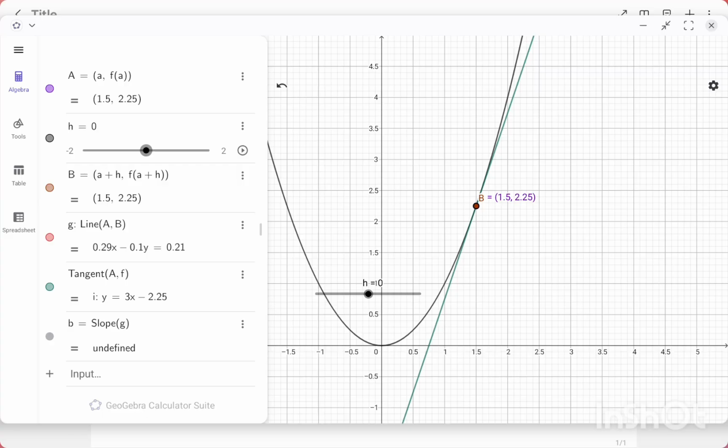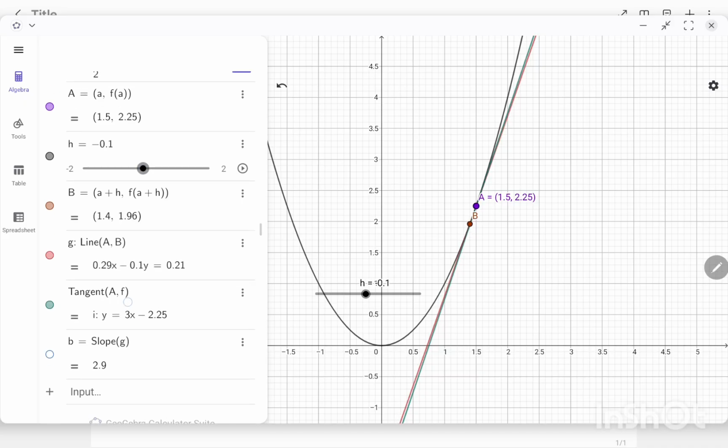You can once again notice that when we keep moving the h value, the secant is approaching the tangent. And notice that we are not able to give the slope of the tangent directly because h equal to 0 here is undefined, whereas we can notice that the slope is exactly 3 here.